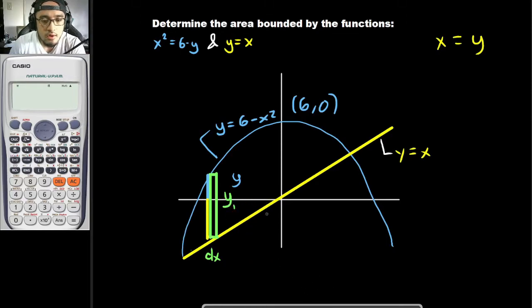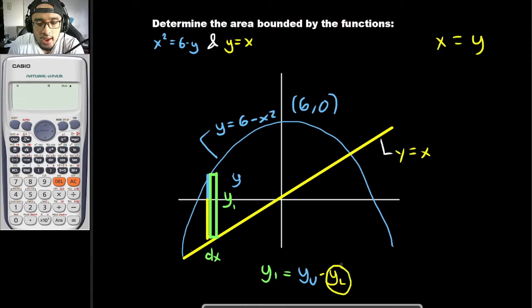So from that, the correct equation for your y sub 1 is to be equal to y upper minus y lower. Once again, because this y lower right here is to be a negative value. So it is just right for us to use this.